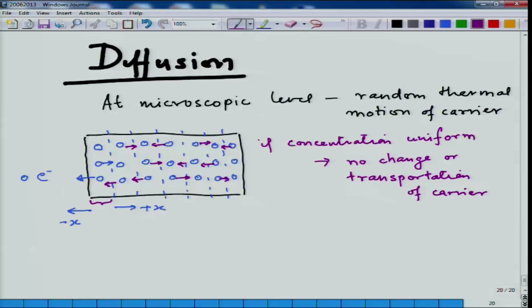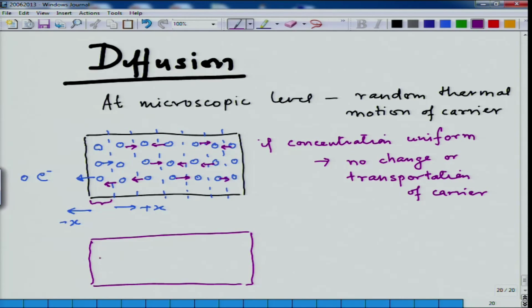Because we have seen, and when we look at devices we will see, that we can make a material such that the concentration of, let us say, donors at point x equal to 0 is at some value, while the concentration of donors at point L, x equal to L, is not the same. We can always process the material such that these two are not the same.